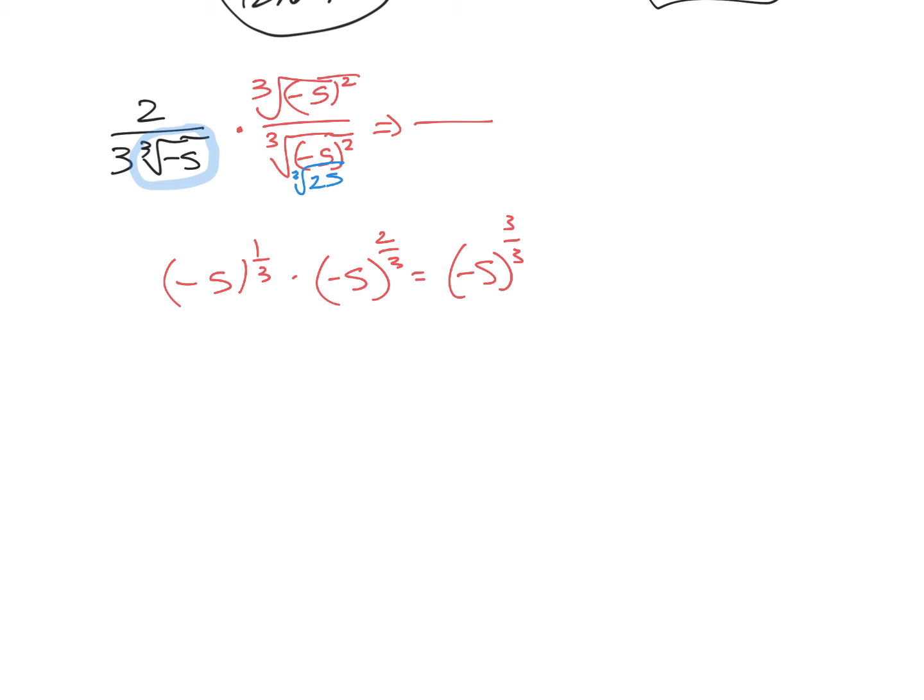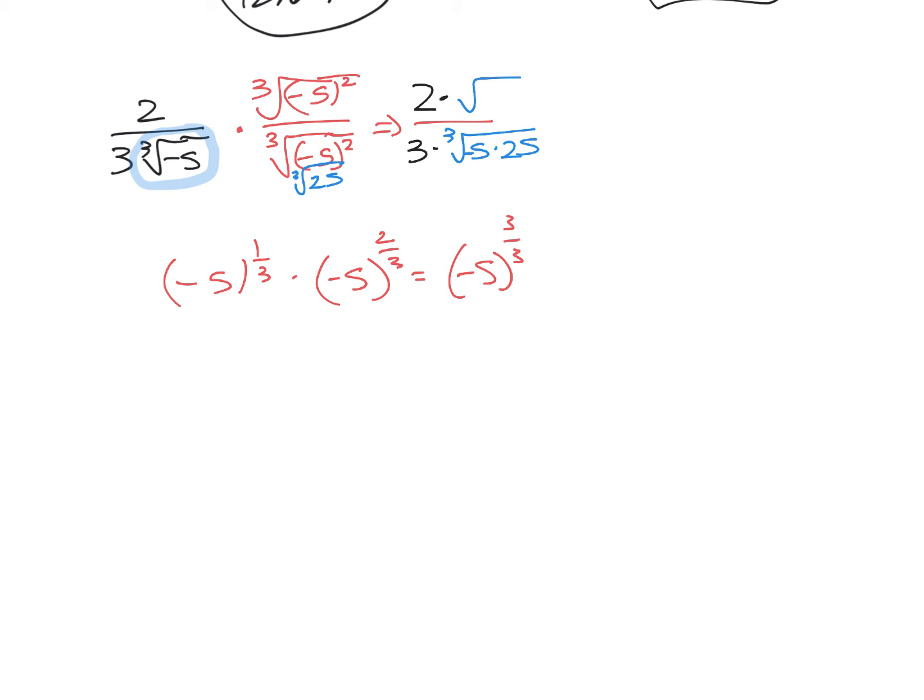So this 3 is just going to hang out. I'm going to keep it in black. I'm going to cube root -5 times 25, right? And then I'm going to keep the 2 in the top black also, because I'm not doing anything with that.